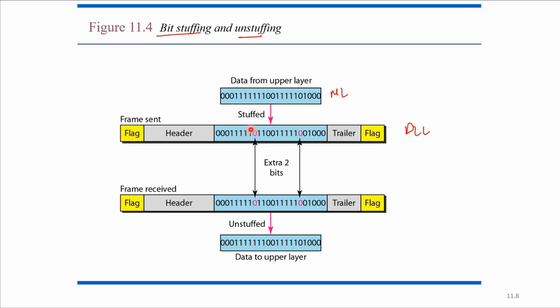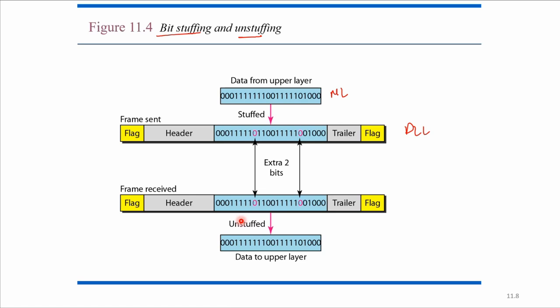Whenever there are 5 consecutive ones, the next bit is made 0. Here extra zeros are padded, 2 extra bits in this case. At the receiver side, whenever the frame is received, these extra bits are removed to get the data.